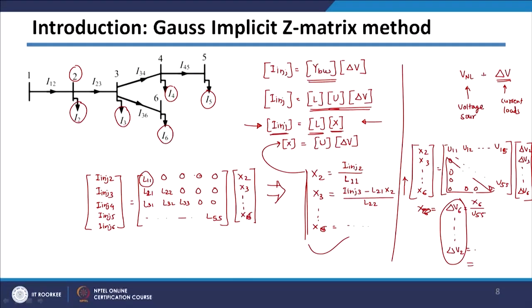If you add them together, you get the voltage applying superposition. So we are going to add these two voltages, due to voltage source and due to load current. So V will be equal to V no load plus delta V.